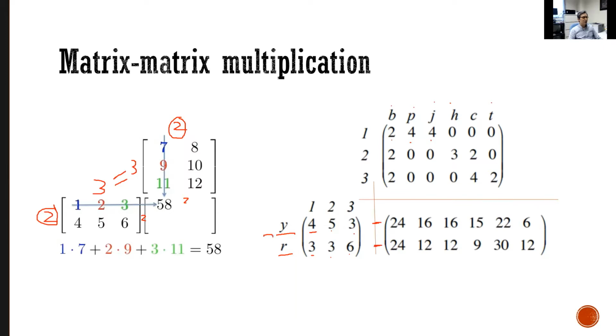This 2 by 3 matrix multiplied by a 3 by 6 matrix will end up with the final product, which is a 2 by 6 matrix. So this example will give you some idea what we are doing here, why we are trying to multiply one matrix against another.